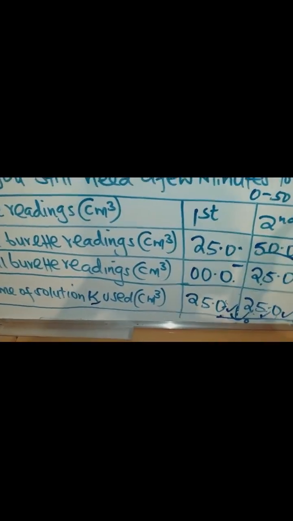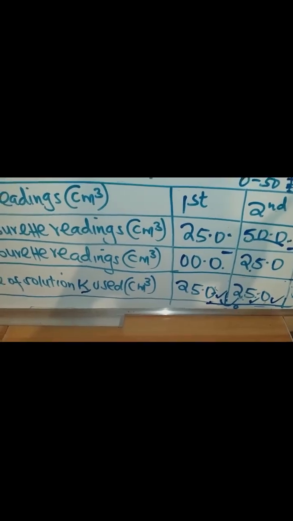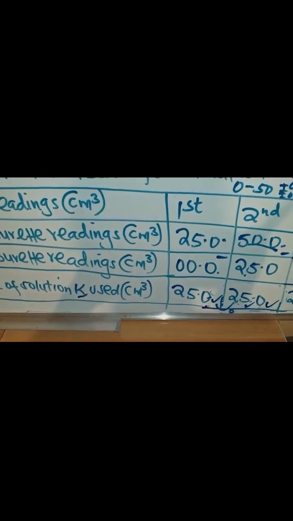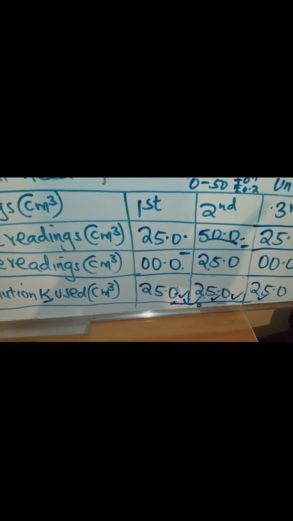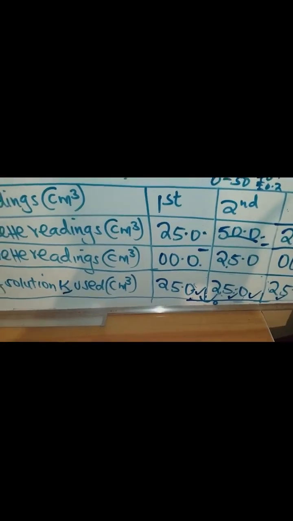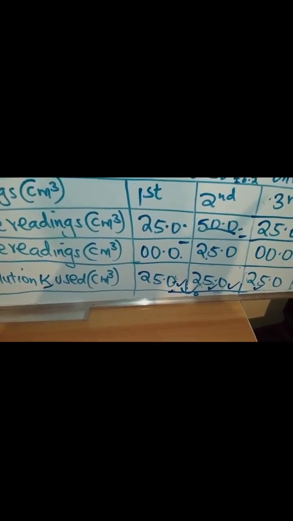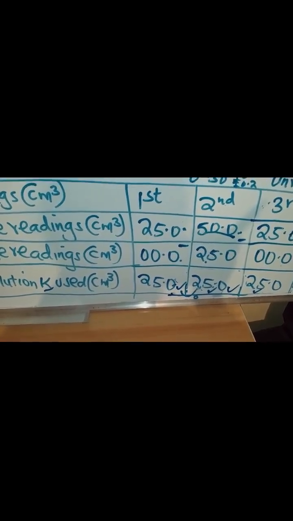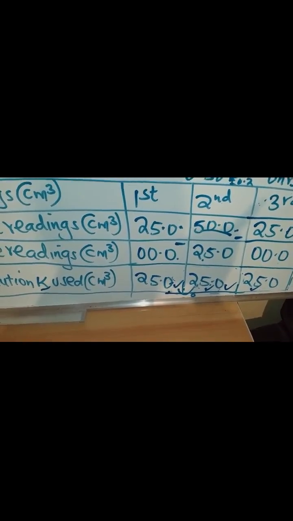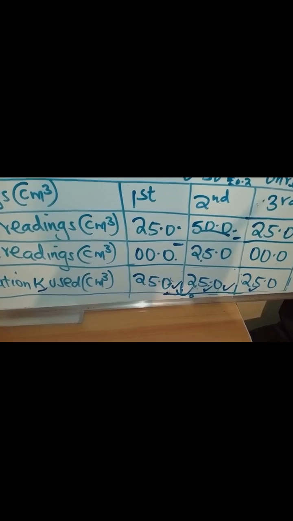So anytime you are doing a calculation involving that solution, like in our case, I gave an example of solution K, that value that you get for the average is the volume that will always be for solution K. So the values that you get in your table are the same values that you should use in your calculations, whether the values were correct according to what the teacher got, or even if they were not correct.